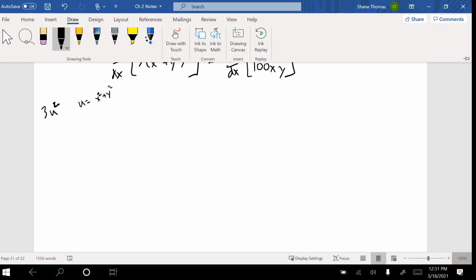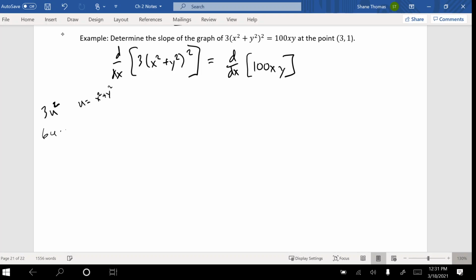All right, differentiate the u term. So this is going to be 6u du. My u prime is then going to be 2x plus 2y dy/dx. All right, bring it back together and plug back in.